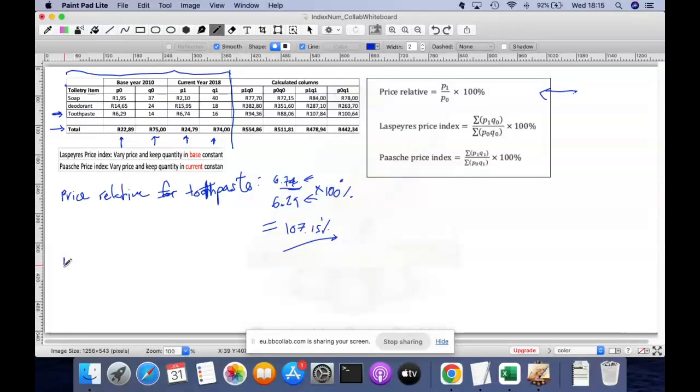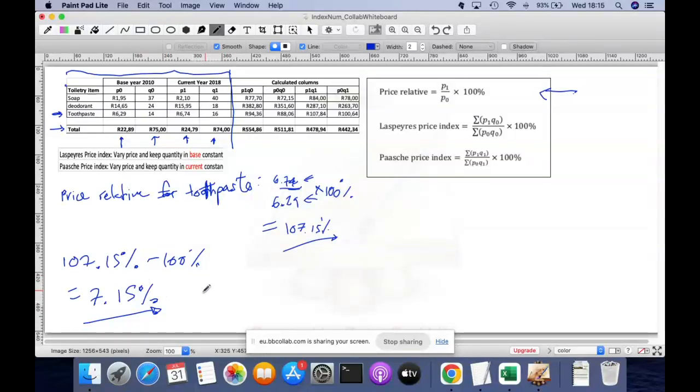The change is going to be 107.15% minus 100%, and that is simply 7.15%. Because it's a positive value, you can see that it's increased, because it's greater than 100, so the price for toothpaste has increased.